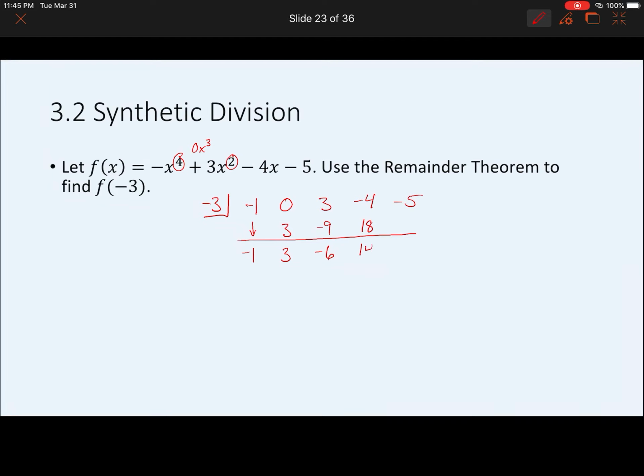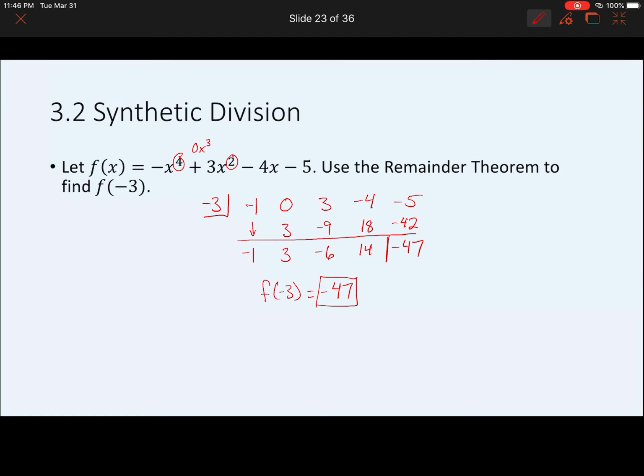And so again, run through the synthetic division quickly. So bring down the -1. -1 times -3 is a +3. 0 plus 3 is 3. 3 times -3 is -9. 3 minus 9 is -6. -6 times -3 is 18. -4 plus 18 is 14. 14 times -3 is going to be -42.